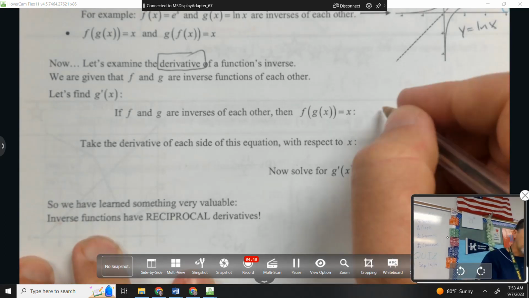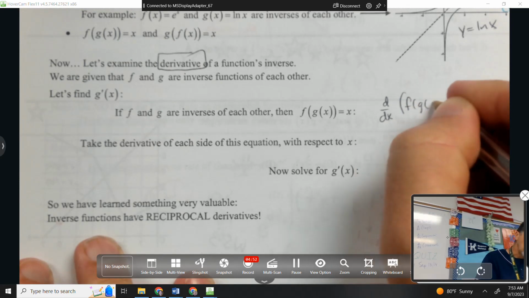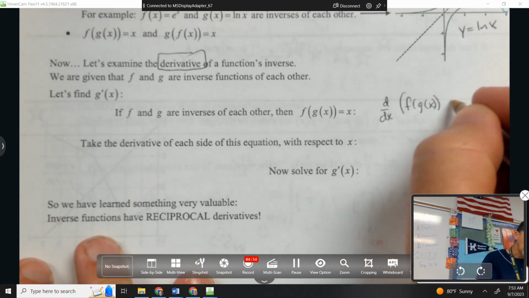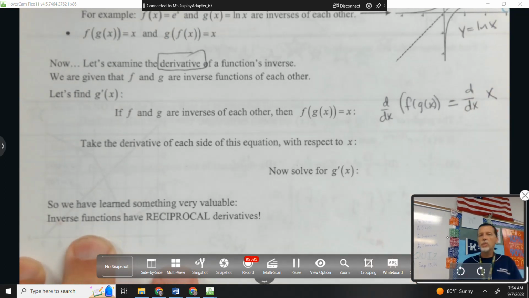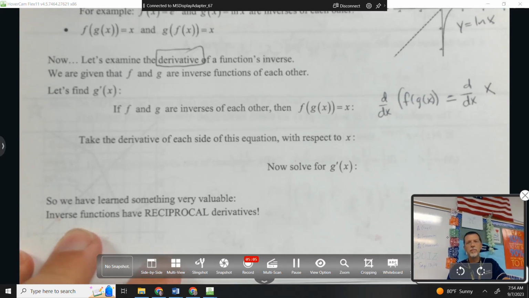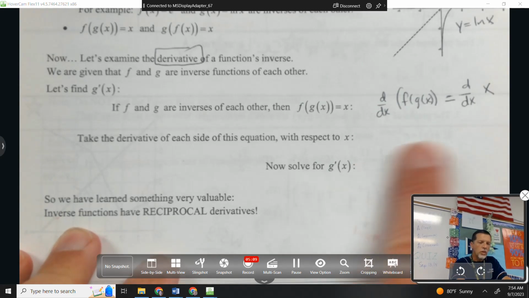Okay, so this is maybe new here. But just like you can square both sides or add 7 to both sides or multiply both sides by 3, you can take the derivative of both sides of an equation. That's a legal thing to do. So ignore the fact that this is an equation, because that really does make things look complicated.